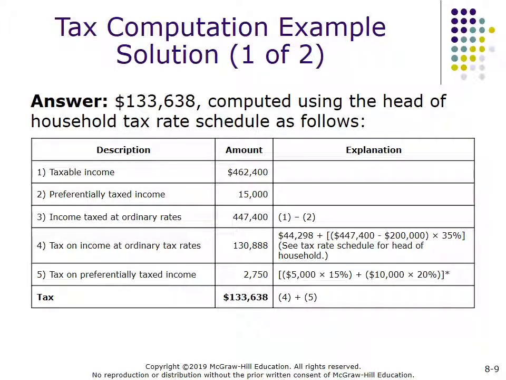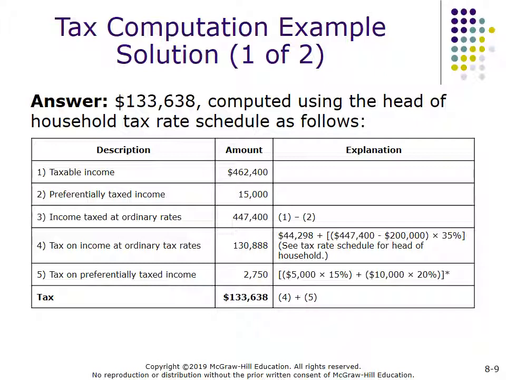Okay. Now, bear with me one second. Okay. If you go back to Chapter 7, there are special tax rates with regards to preferential tax rates. Head of household 447.